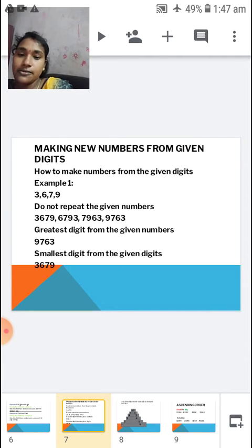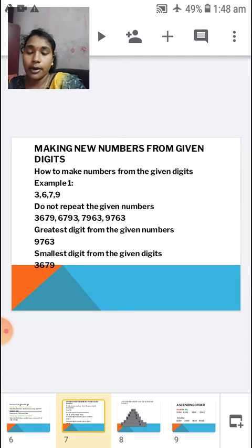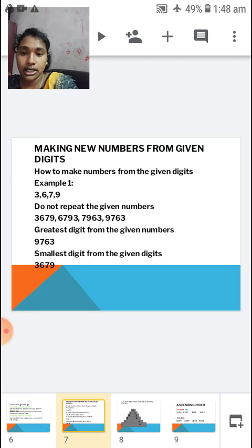So from this we get the greatest number to be 9763 and the smallest number to be 3679. So I hope you understand how you can make new numbers from the given digits without repeating any digits, and then find out which is the greatest number and the smallest number among the new numbers. Okay, children?